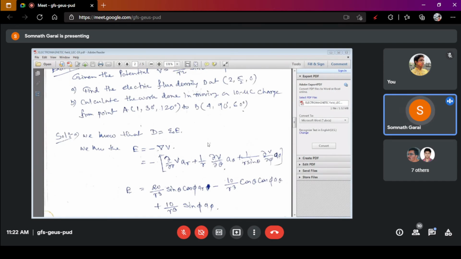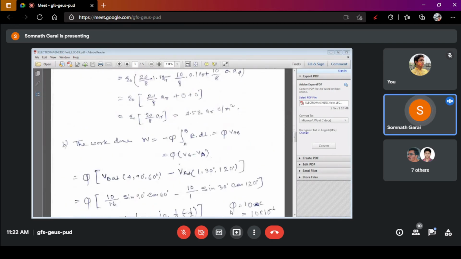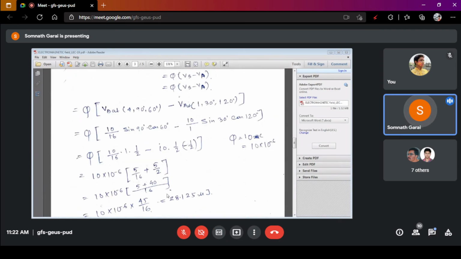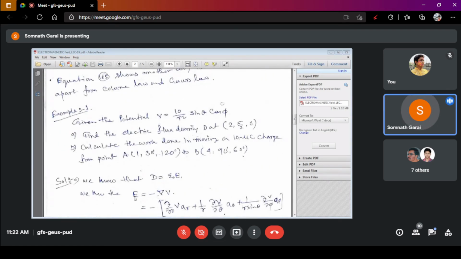So that is the work done of moving a 10 coulomb charge from point A to point B, but in the spherical region. That is another example. When we apply this relation E is equal to minus del V, you have to remember that the electric field intensity E is the gradient, sorry, not divergence, gradient of the electric potential.